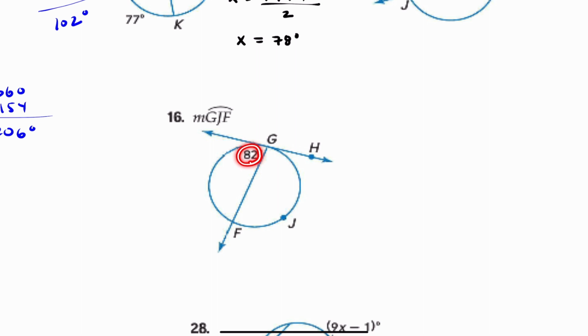So 82 plus what is equal to 180, right? If I know what this angle here is, you take this number and you multiply that by 2 to figure out how long the measure of this arc here is, okay? That's pretty much the play. You have to understand the definition of linear pair.